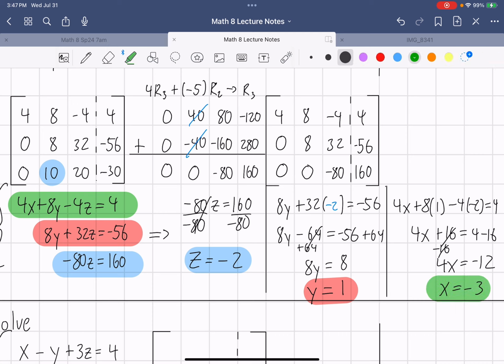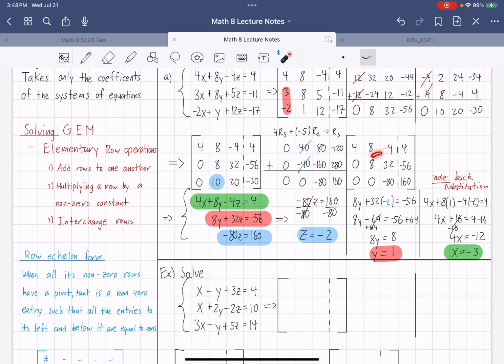And this process here, let me make a quick note. This is known as back substitution, because we wrote everything back into a system of equations.